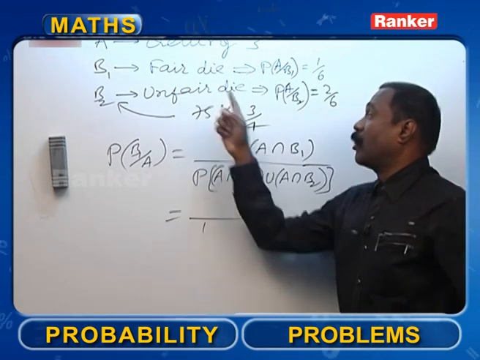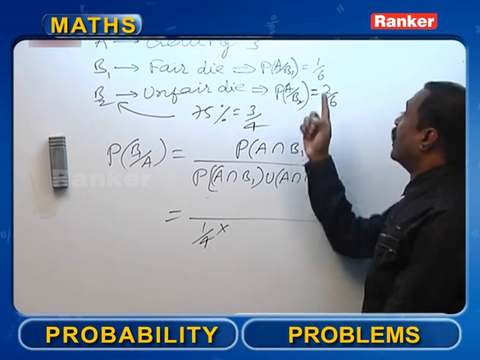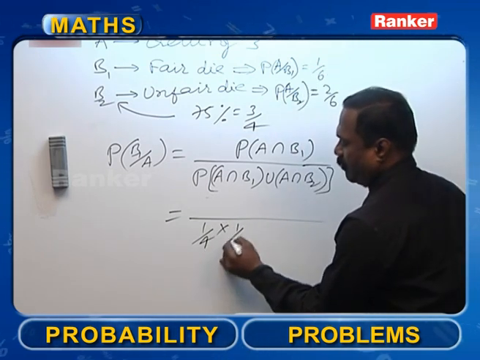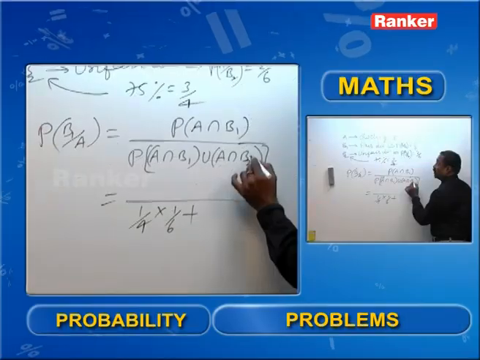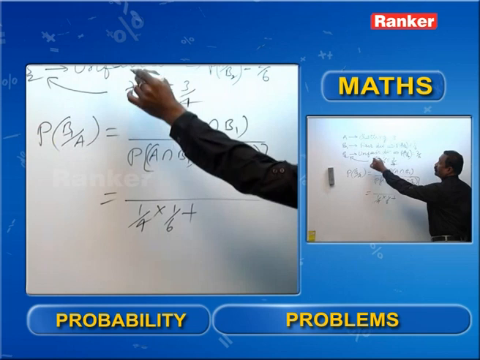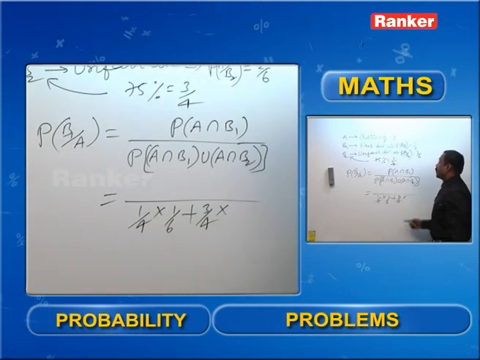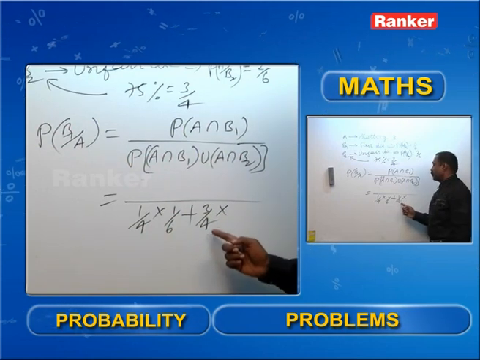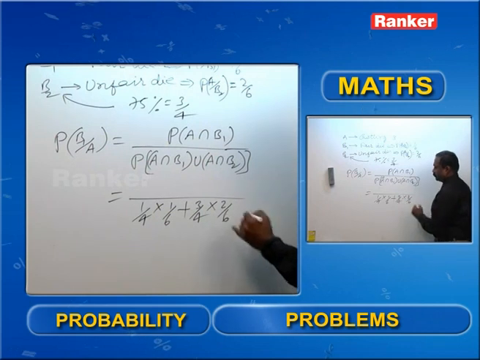But for B1, what happens? It is only 1 by 4. And what is getting number 3 on this one? 1 by 6. This union stands for plus. And what is the probability of picking up B2? B2 is here 3 by 4. And the probability of getting 3 on B2 is 2 by 6.